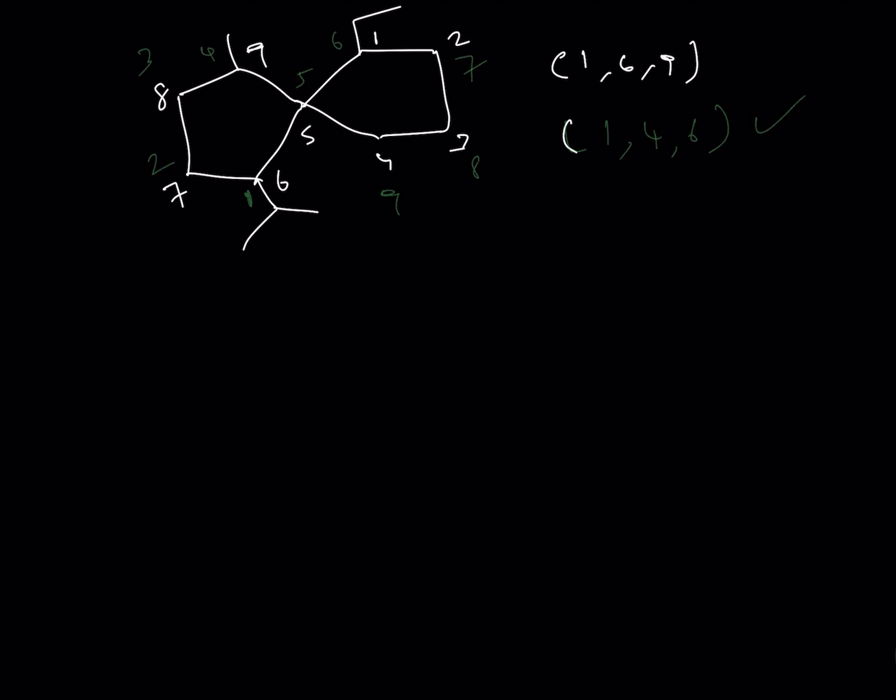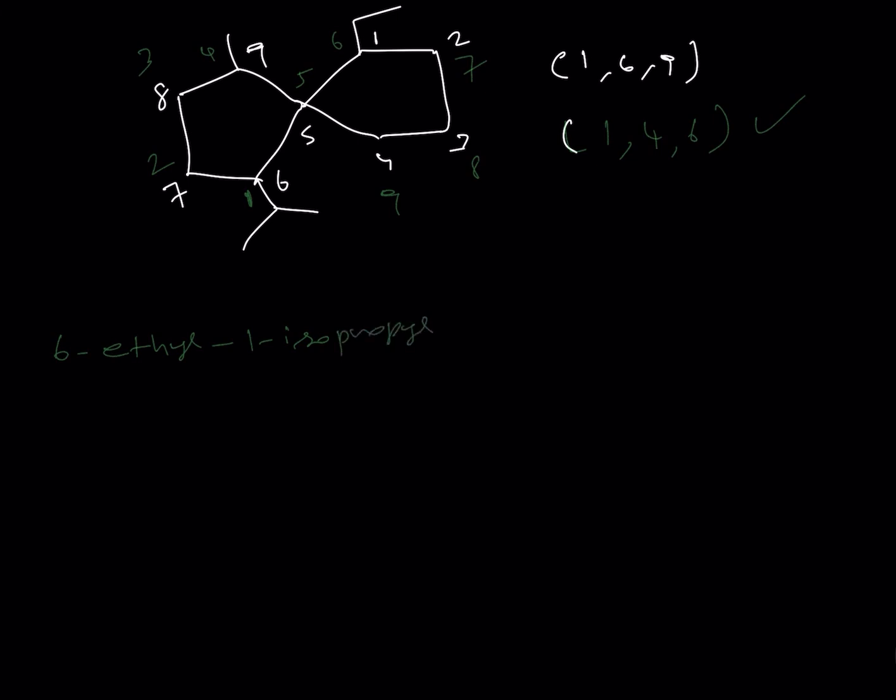So the IUPAC name is going to be 6-ethyl. Now here you are once again following the alphabetical order for the substituents. So 6-ethyl first, so you have to mention the ethyl group that is at the 6th position, and then 1-isopropyl.